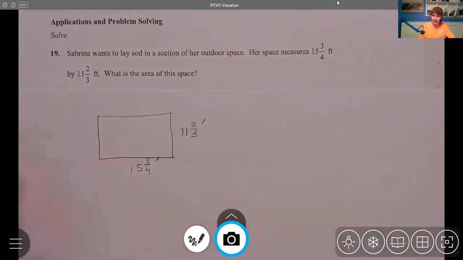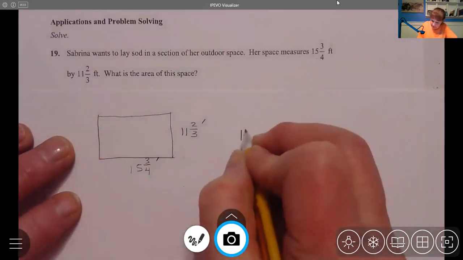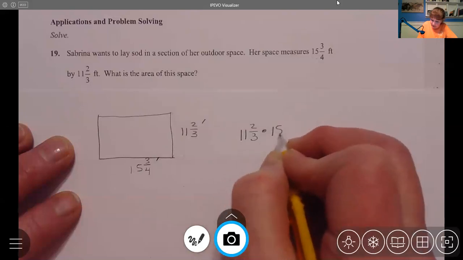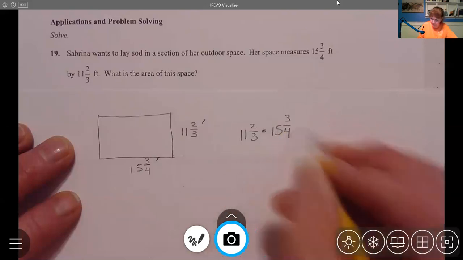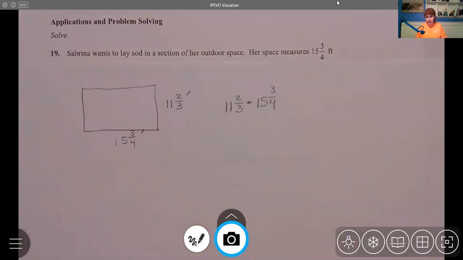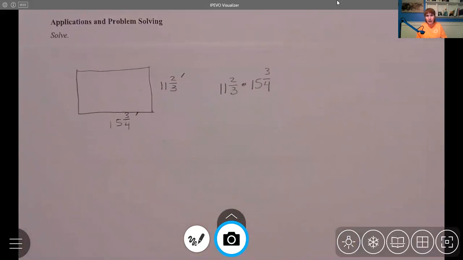So when I multiply them to find the area, area is base times height, length times width, whatever you want to call those, you're going to multiply them. So I will be taking 11 2/3 times 15 3/4. Oh, fun. So we're going to make them improper fractions and then change it back.